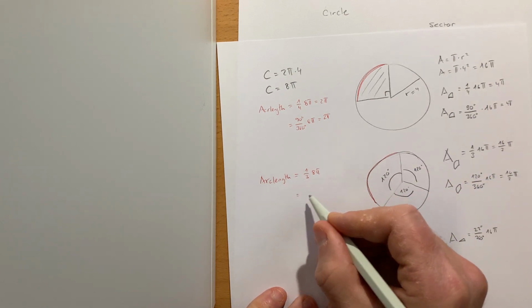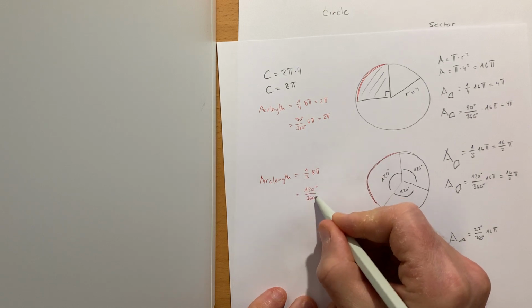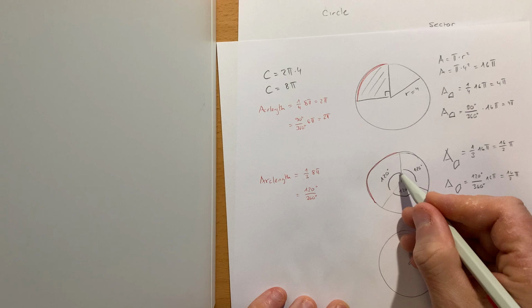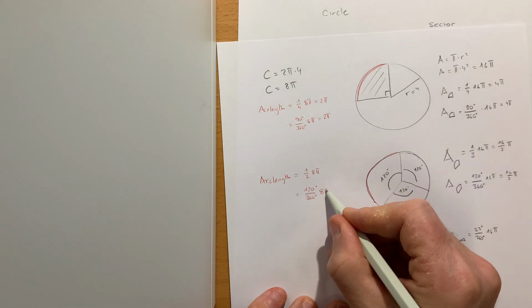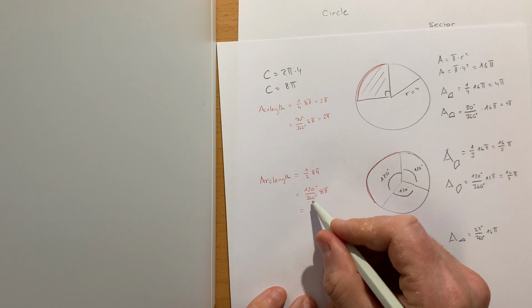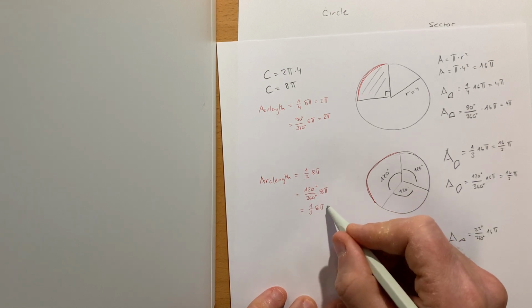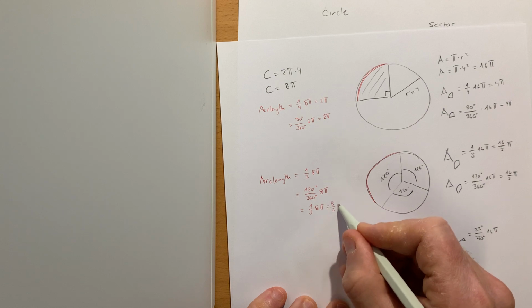But you could also have said it's 120/360th, because it's a 120-degree angle of 8 pi, which obviously leads to 1/3 of 8 pi, or just 8/3 of pi.